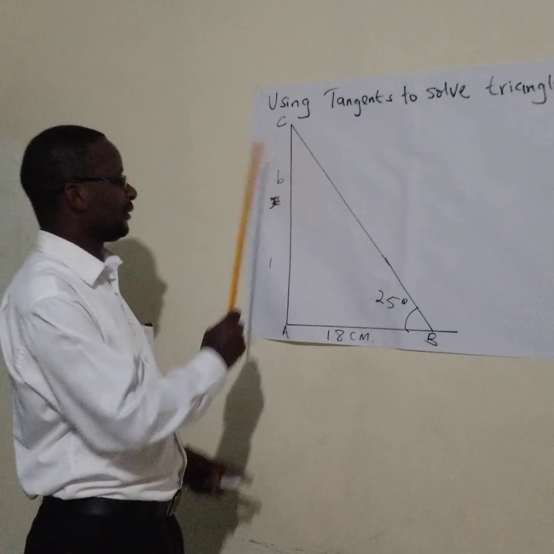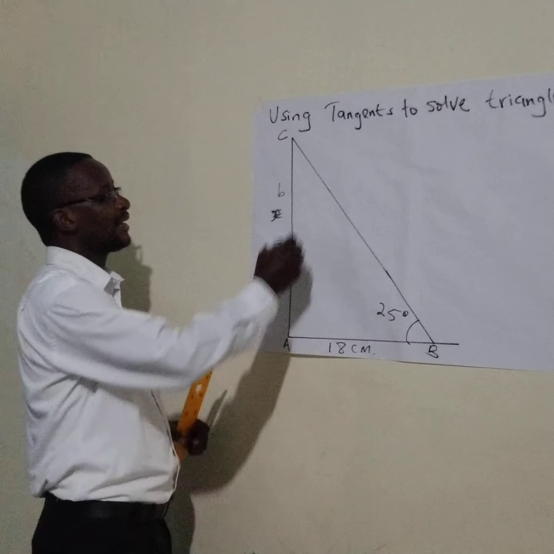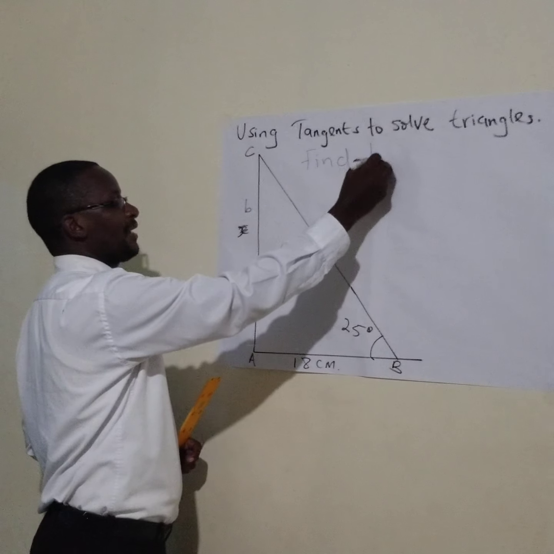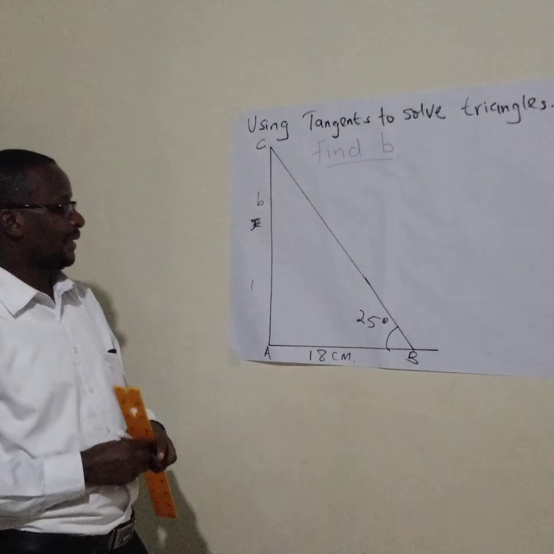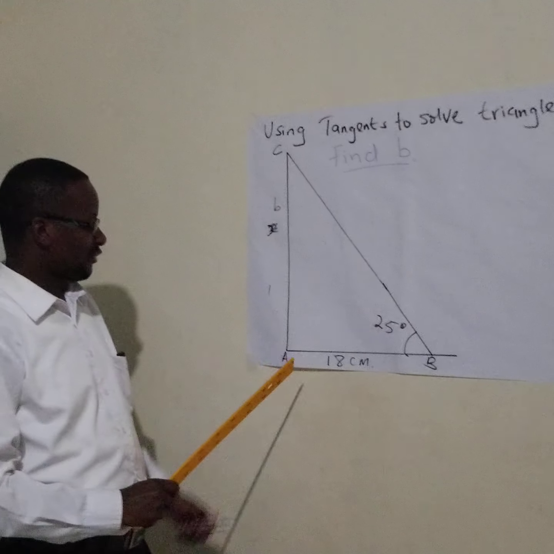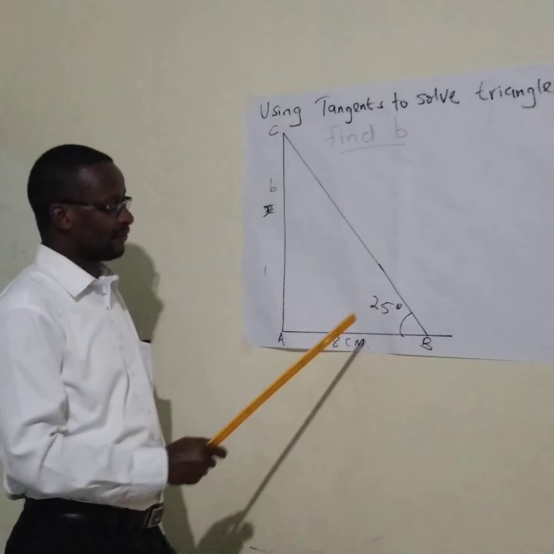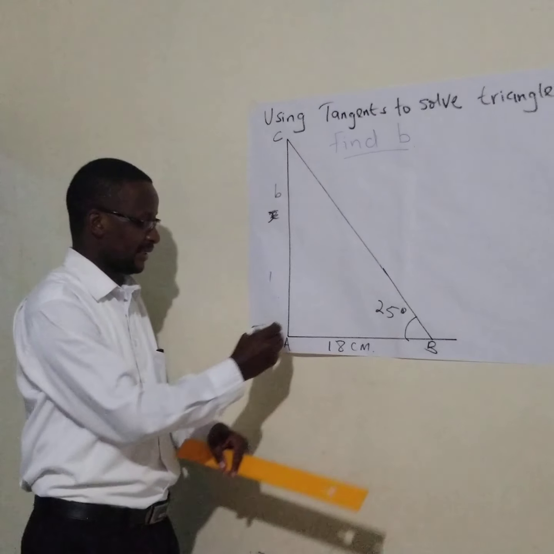Our first example is this one here. We have a triangle and we want to find the length of B. If you look at this triangle ABC, we have been given this angle here, 25 degrees.